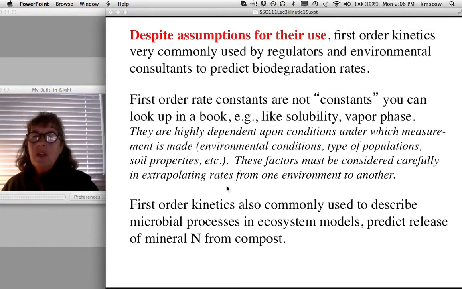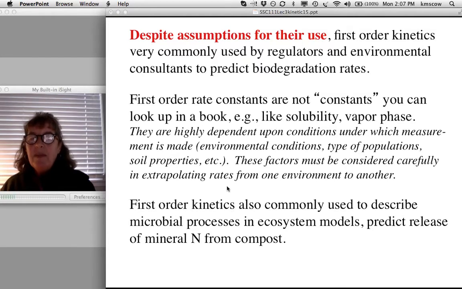These chemical properties are not analogous to this biodegradation property, this thing that we call a constant that you could look up in a book. Of course, they're going to be dependent on the conditions that you measure that rate kinetics and derive that rate constant from.